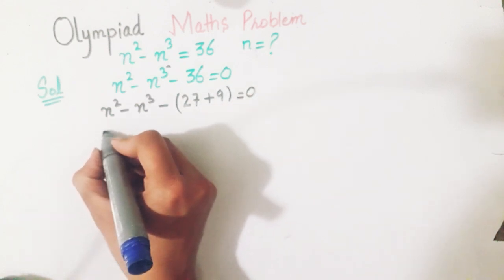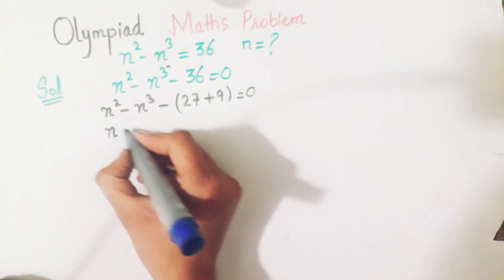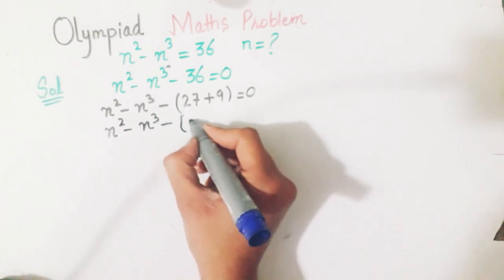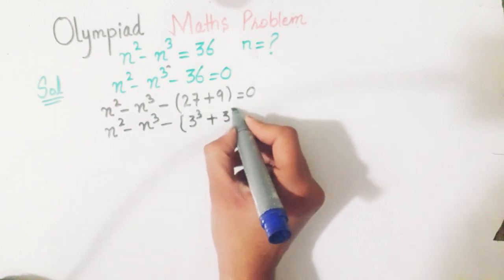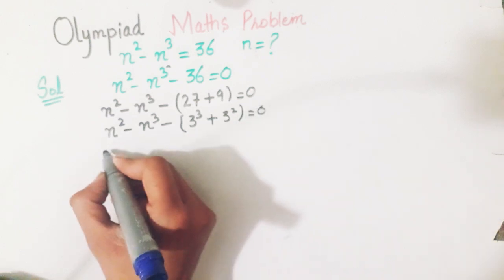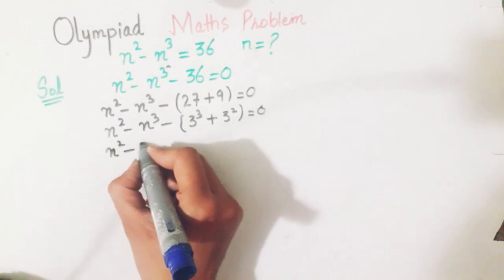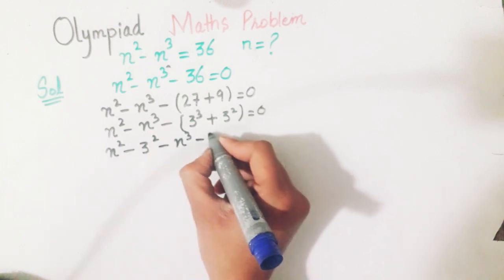Then we write this as n square minus n cube minus 27, which is the cube of 3, and 9 is the square of 3, equals 0.